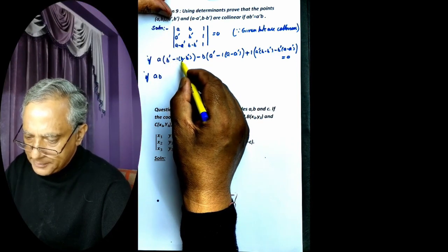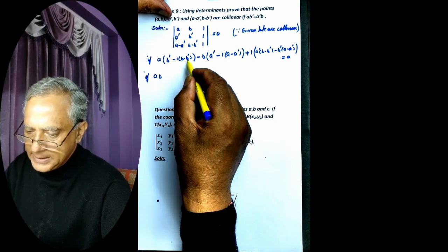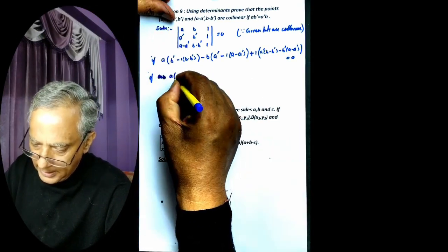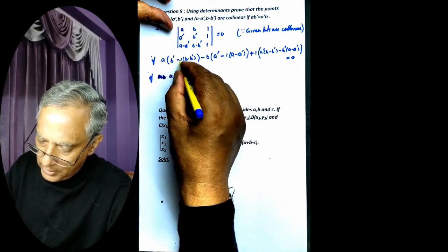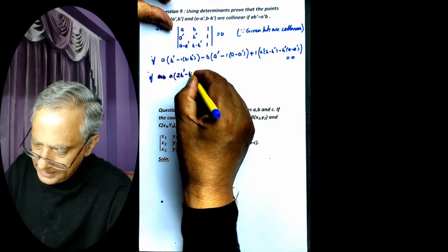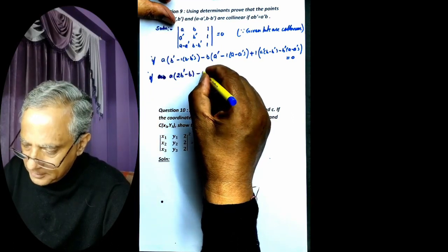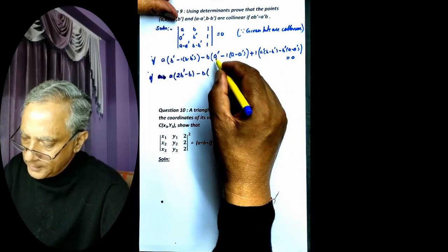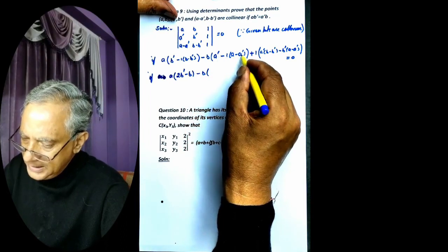B dash minus B plus B dash. So what we get is A into, this will be 2B dash minus B minus B into, this will be equal to A dash minus A plus A dash.